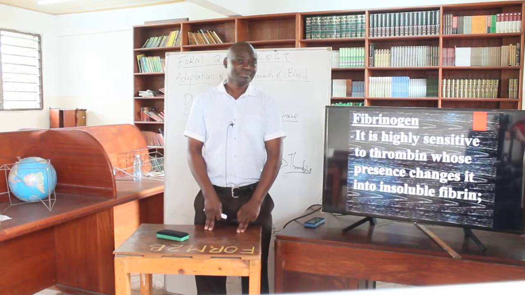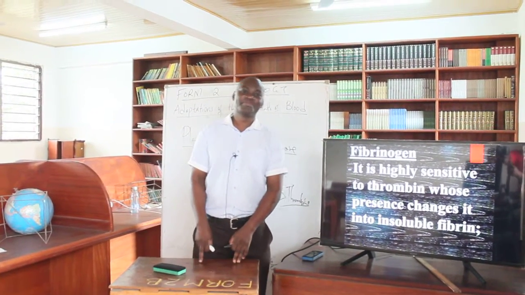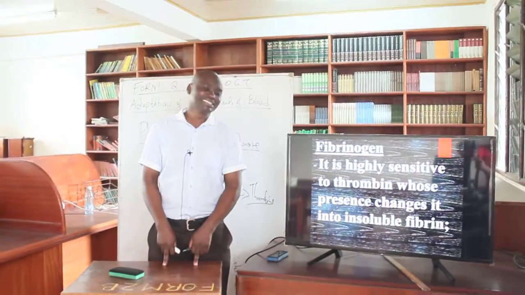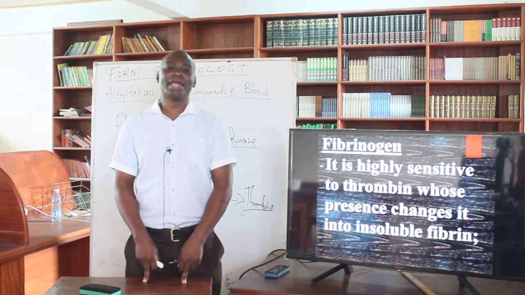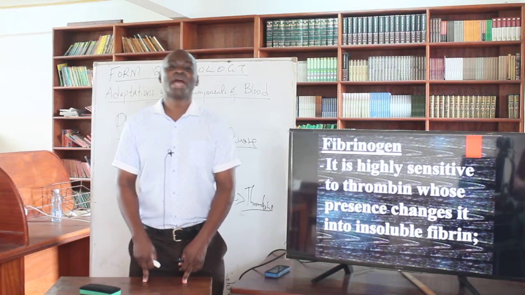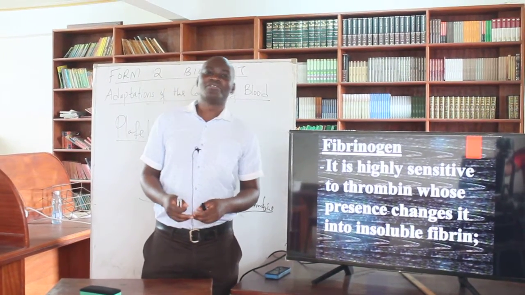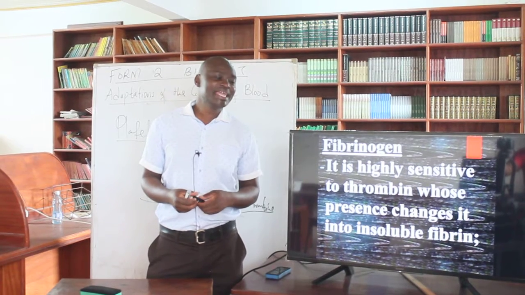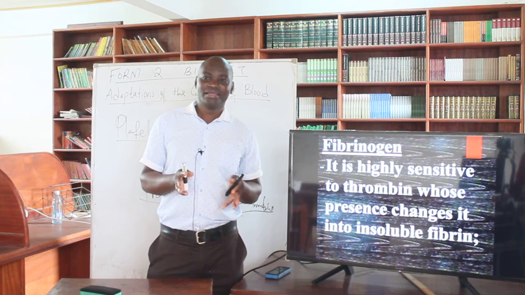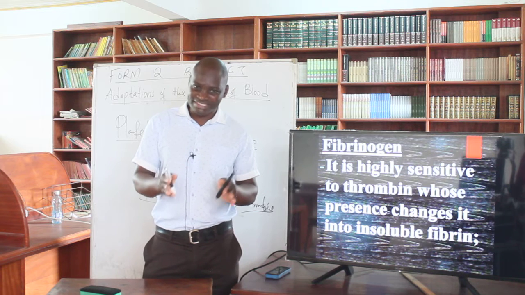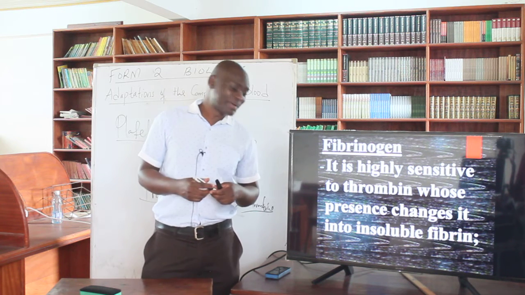Now, in the blood we also have what is called fibrinogen. So how is this element of blood suited to perform its function? Now, fibrinogen is normally very, very sensitive to thrombin. Whenever thrombin is present, fibrinogen changes to fibrin.